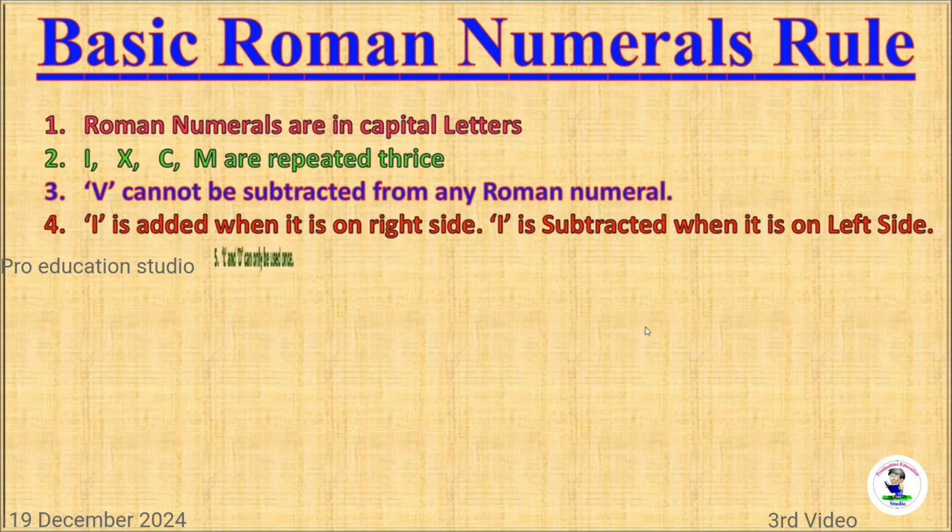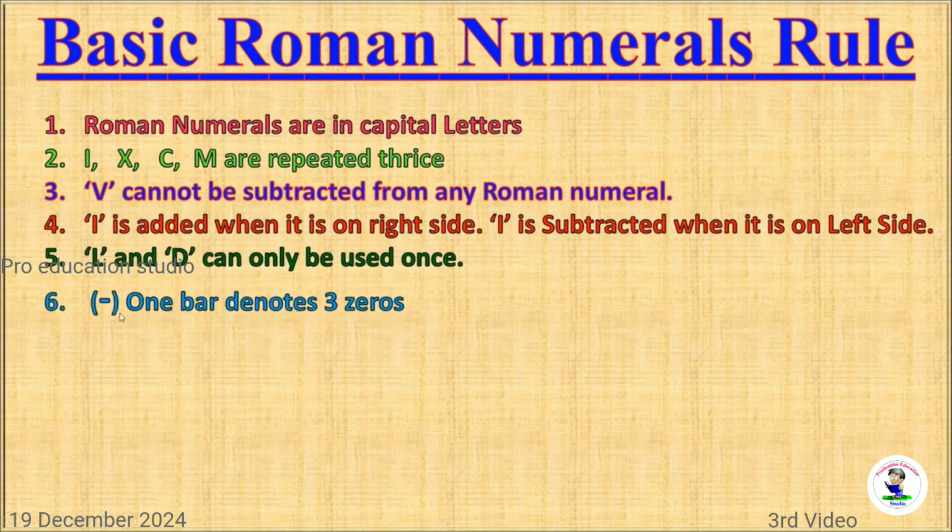Now we will go on to the fifth. L and D can only be used once. Sixth, one bar denotes 3 zeros. The bar symbol you can see in the bracket.